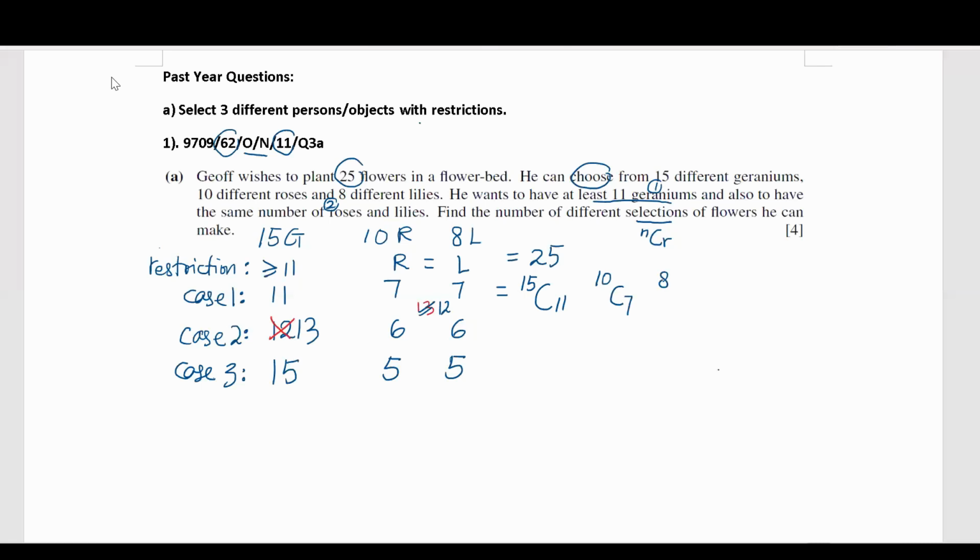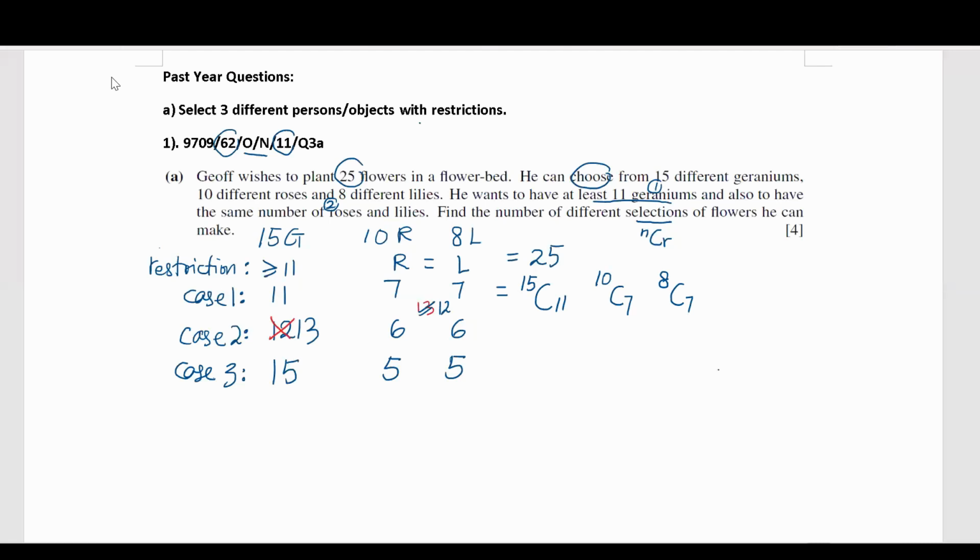And the lilies, 8C7. So we are going to find out the number of ways of these 25 flowers, where it comes from 11 geraniums, and at the same time 7 roses and 7 lilies.